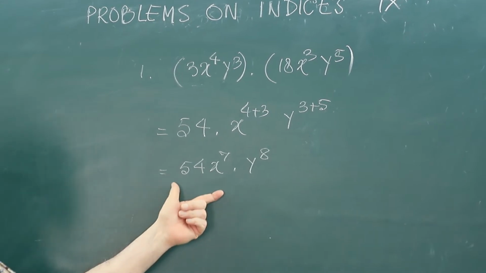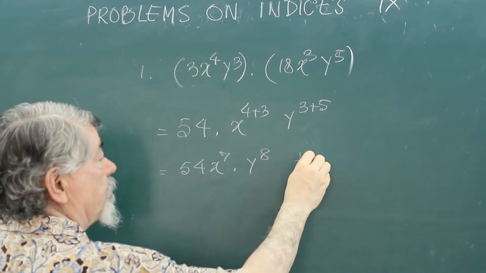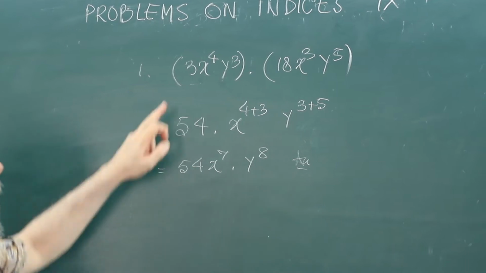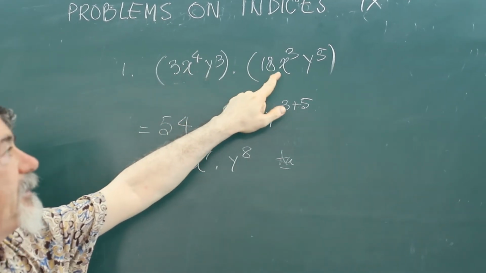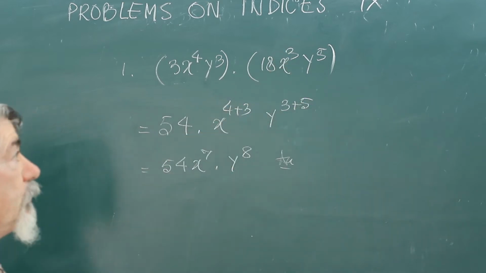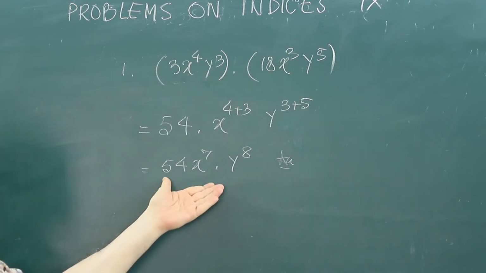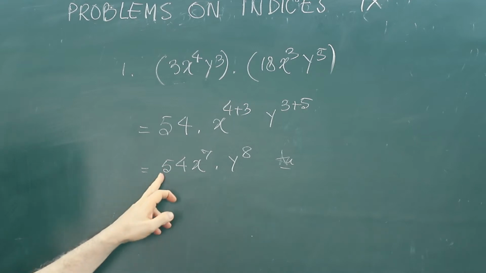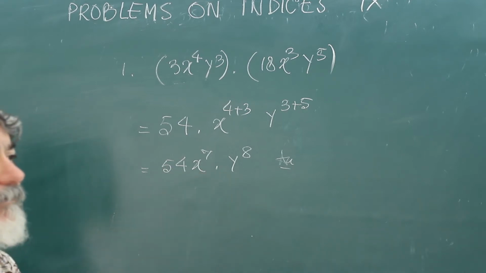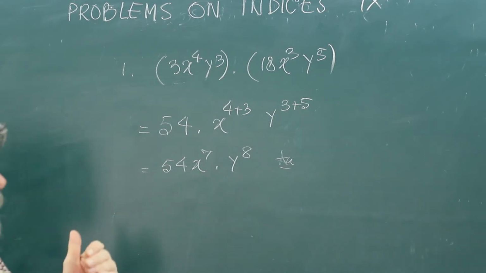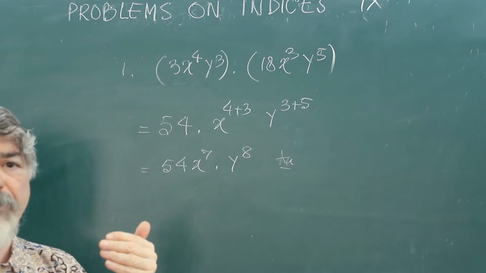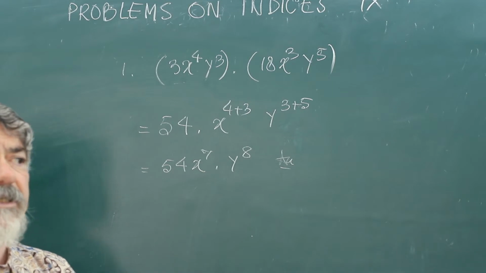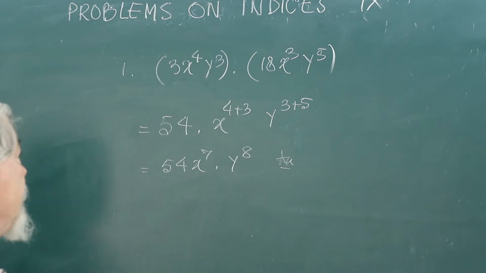So this is your answer for this problem, that 3x to the power 4 y to the power 3 into 18 x to the power 3 y to the power 5 will finally yield to us 54 x to the power 7 y to the power 8. We are applying the product law. If the bases are same, powers get added.